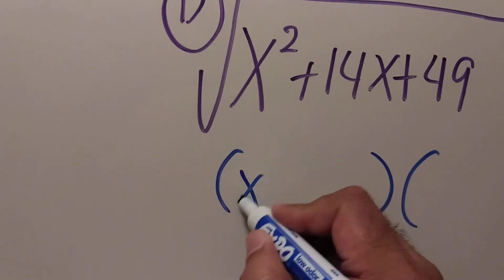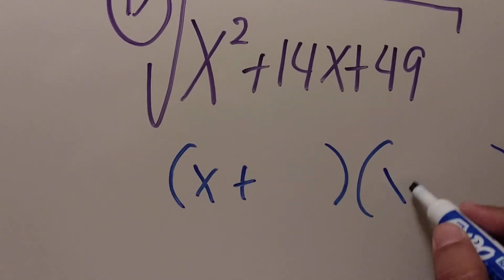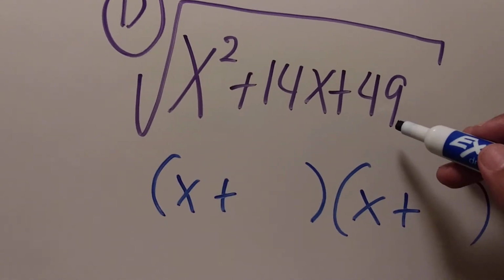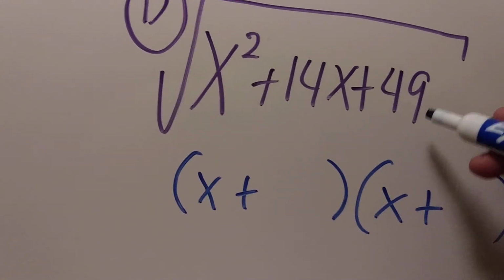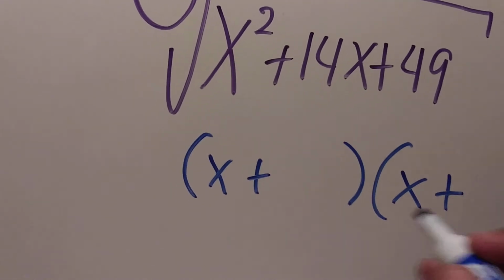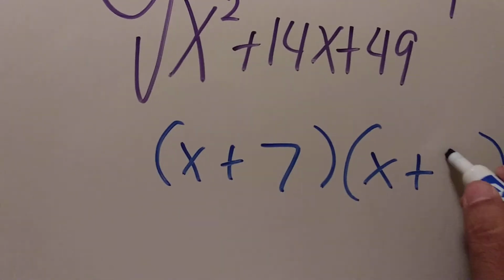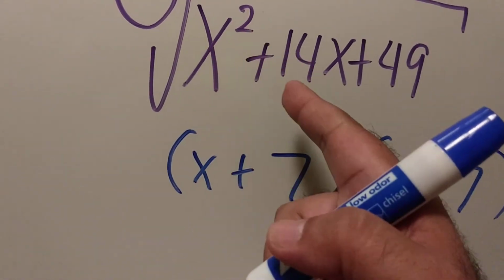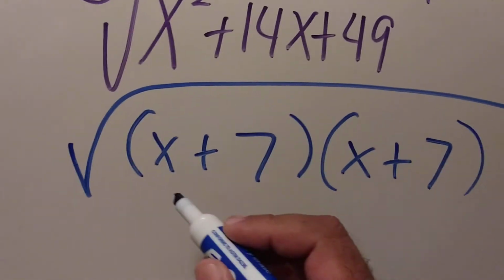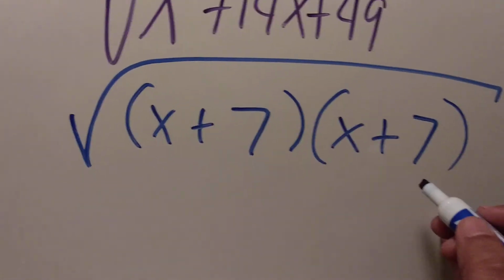So here we're going to have x plus, and now we've got to look at the multiples of 49. What number times itself gives you 49? If you said 7, you are correct. So this x squared plus 14x plus 49 simplifies as x plus 7 times x plus 7.